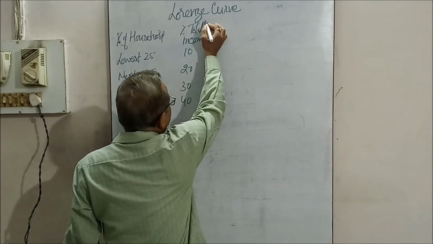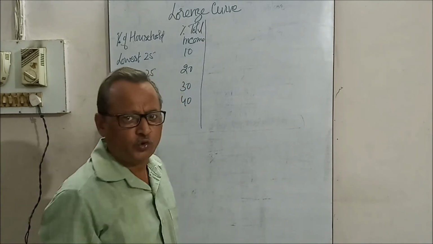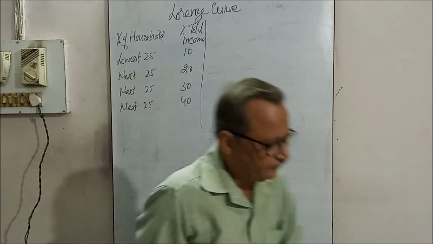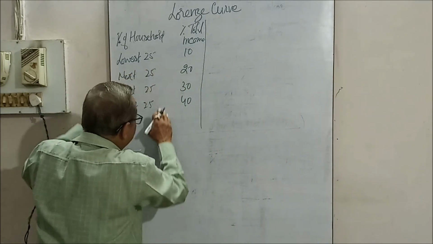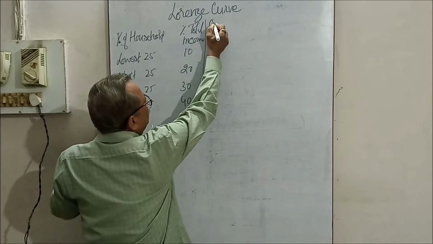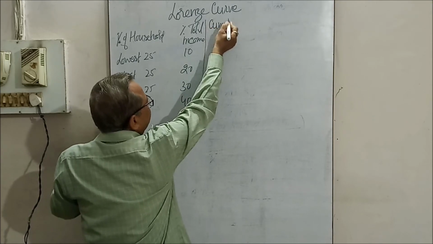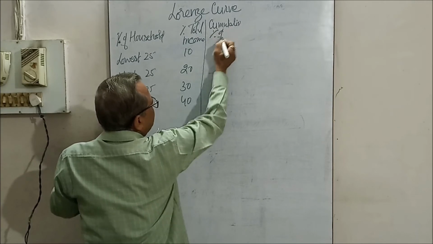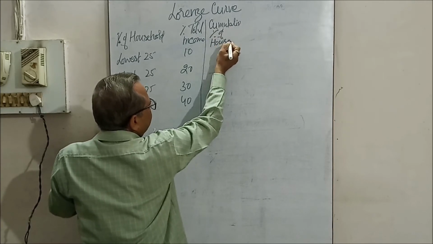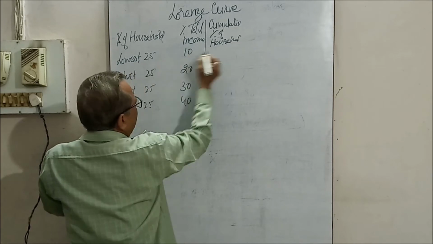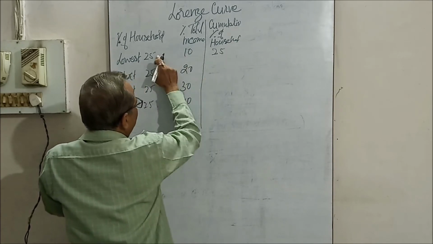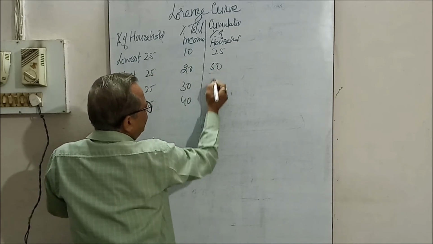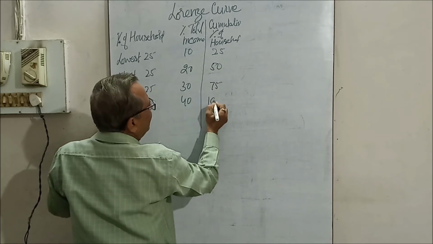Now it is to be presented in the graph. What to do first of all? First of all, we find the cumulative percentage of households, that is 25%, 25 plus 25 is 50%, 75% and 100%.